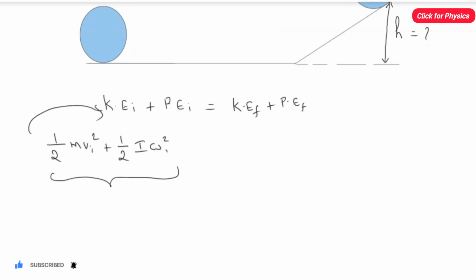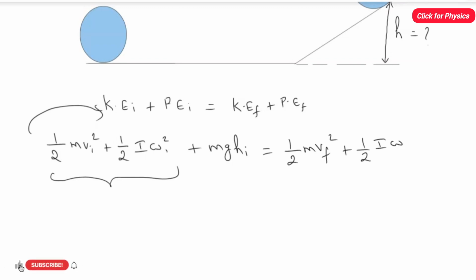And then the potential energy formula, as we already know, is m g h_i. Likewise, the final kinetic energy is half m v_f square plus half I omega_f square, and then the final potential energy is nothing but m g h_f. That means this is our h_f, and we have to find this value.